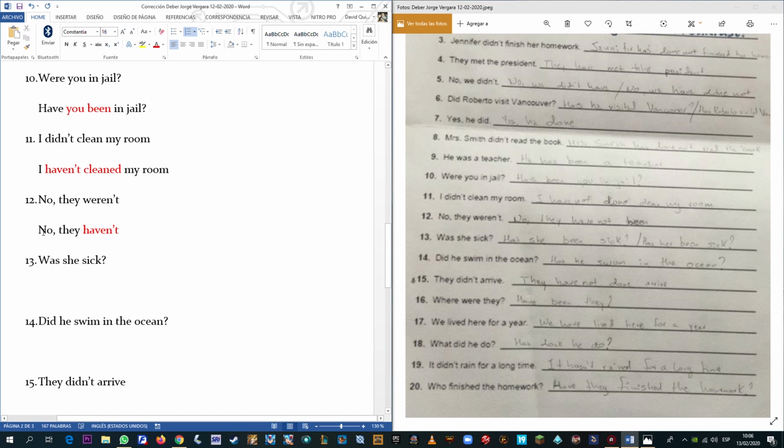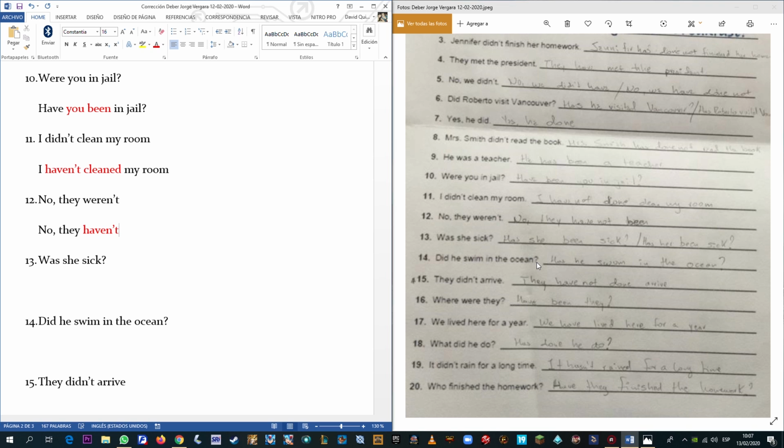In that case, we should only change it with no, they haven't. No, they weren't, or no, they haven't. Although, if it is continuous, we can make an addition with the word been.